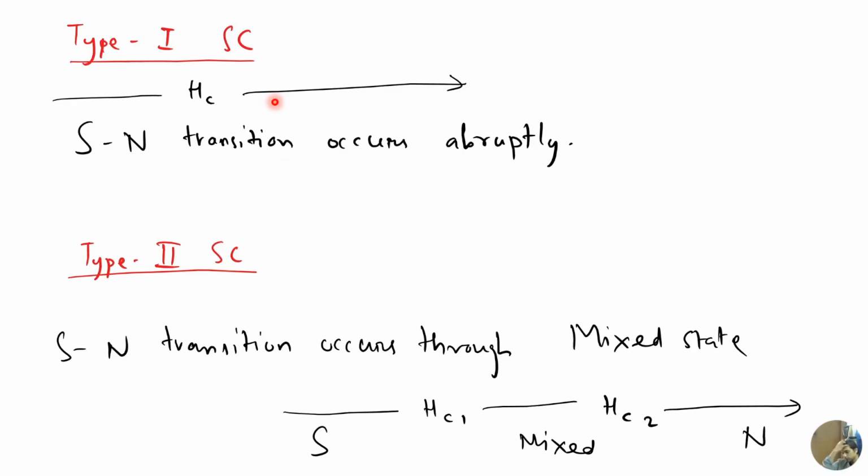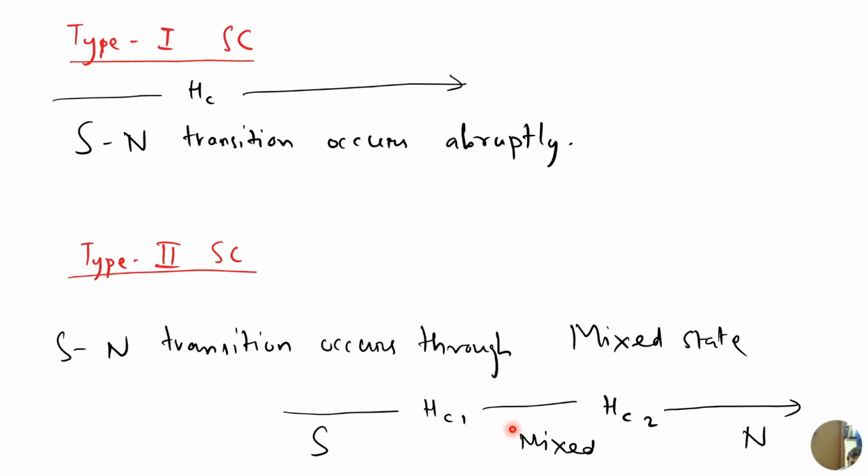But there is another type, called type 2 superconductivity, in which there is a gradual transition from the superconducting state to the non-superconducting state. You start to increase the magnetic field strength, and there will come a critical field strength Hc1, where you start forming small vortices of normal region, or non-superconducting state, in that bulk of superconducting material.